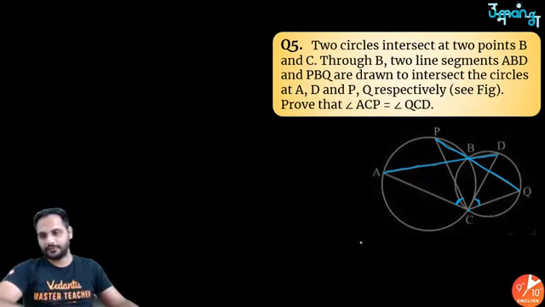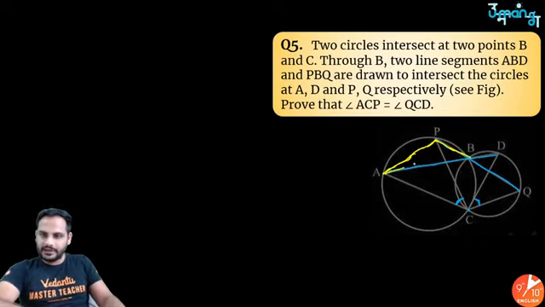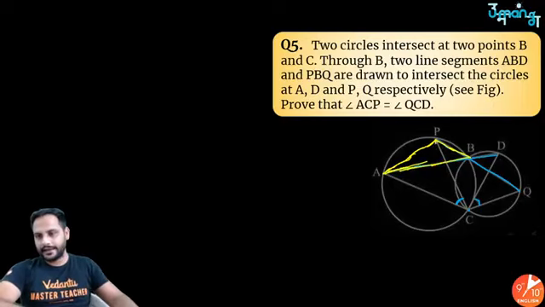See, if you look at this diagram, APB is one angle and ACP, these two angles I can relate. If I draw one chord AP, you can see angle ABP and angle PCA or angle ACP.